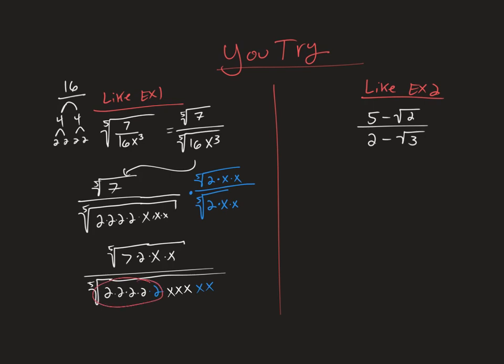So I got 5 of them there, that comes out as a 2. I got 5 of them there, that comes out as an x. And on the top, 2 times 7, so the fifth root of 14x squared. And that, my friends, is our final answer. That doesn't simplify anymore. But it's the fifth root of 14x squared over 2x.